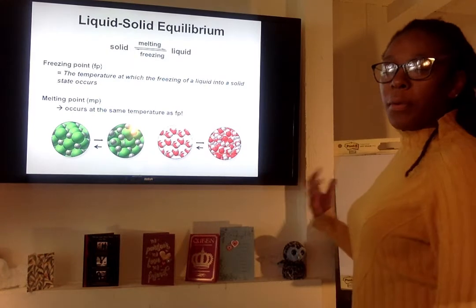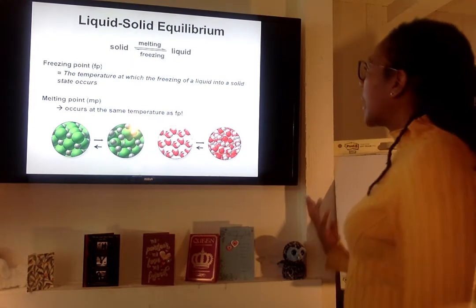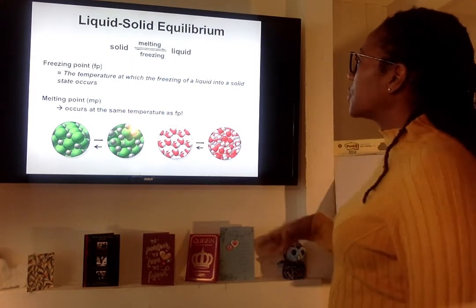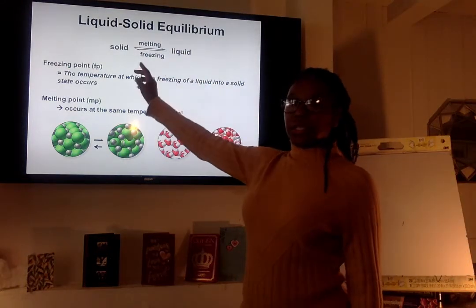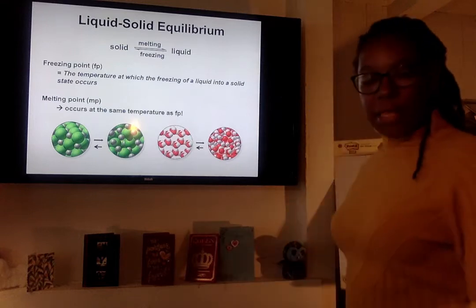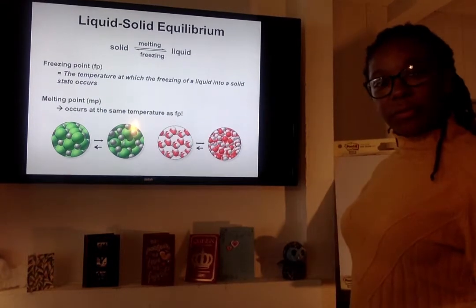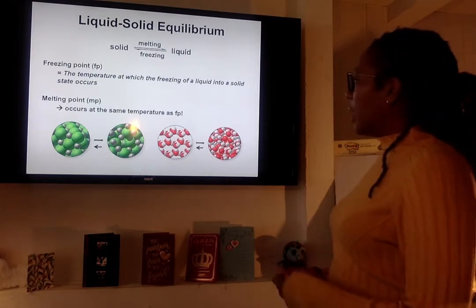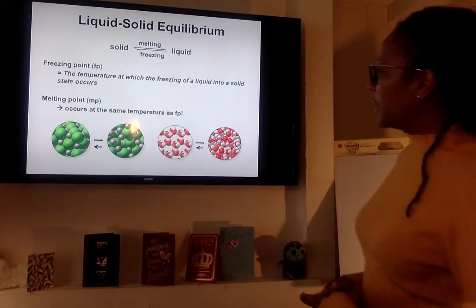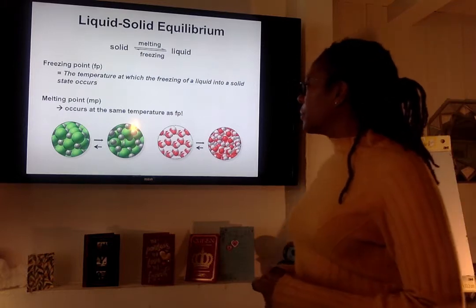So at the state at which this liquid turns into a solid, it's called the freezing point when it freezes, and the melting point is kind of the opposite, right? This occurs at the same temperature as the freezing point.